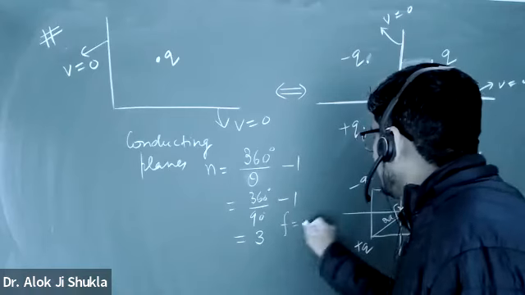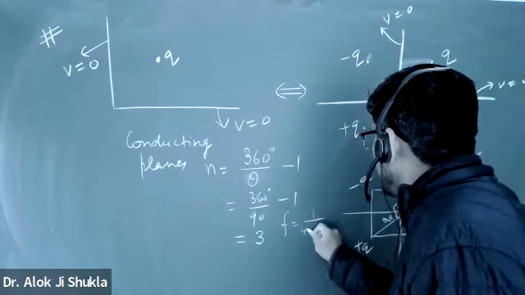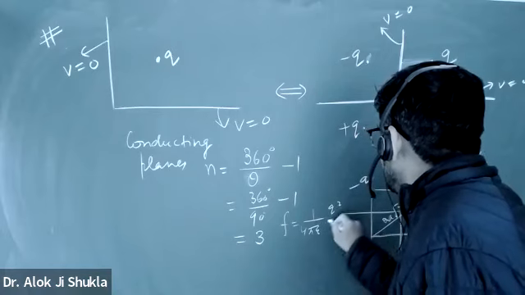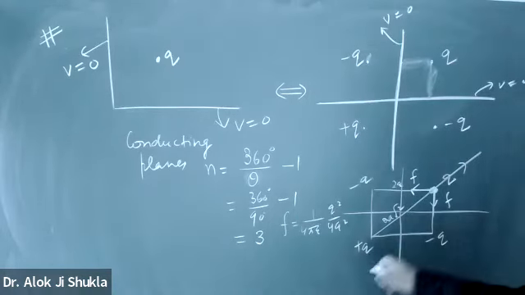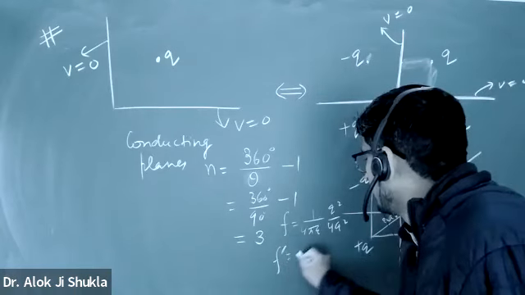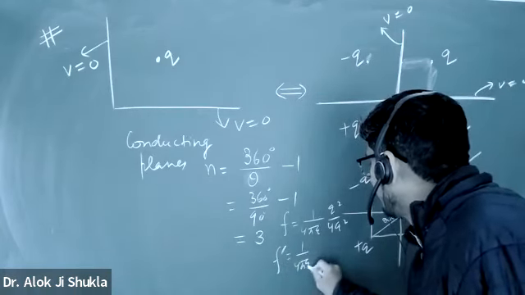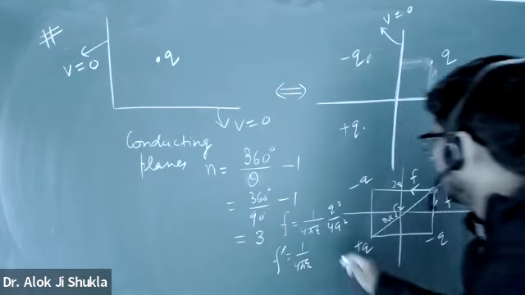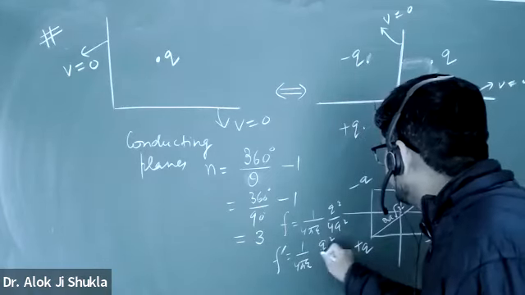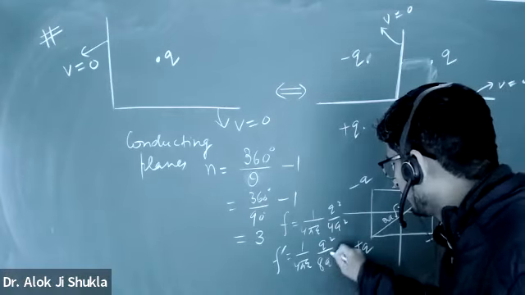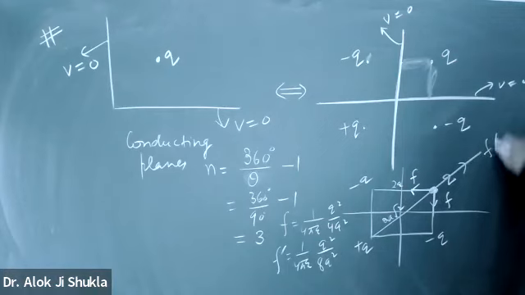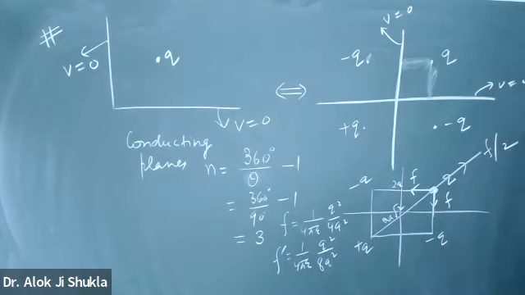If F is 1 upon 4 pi epsilon naught q square by 4a square, this force will become F dash is equal to 1 upon 4 pi epsilon naught q square by this square. It will become 8a square, na? So just half of this. So it will become F by 2. Dekho, is it okay?